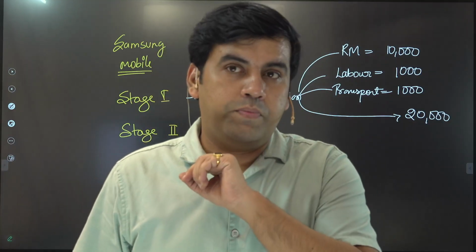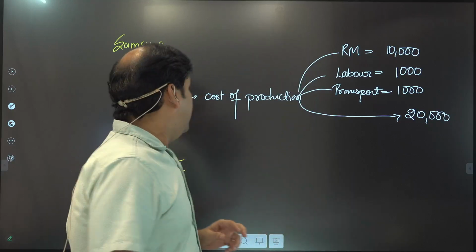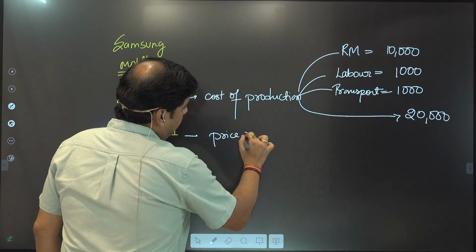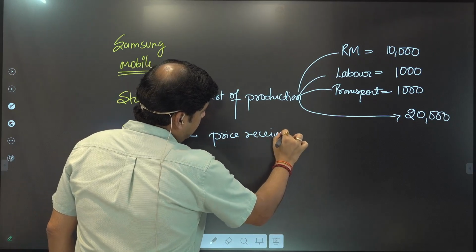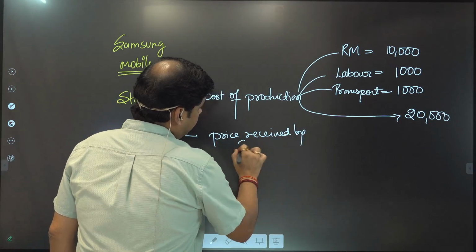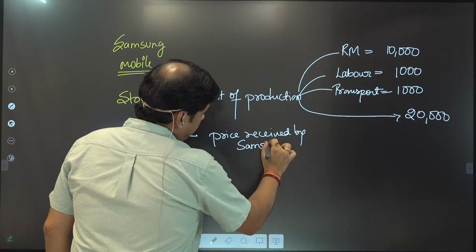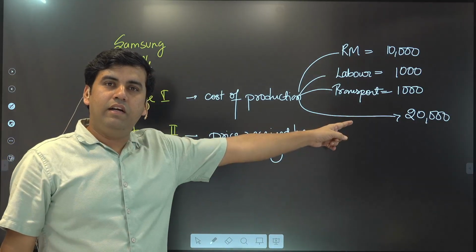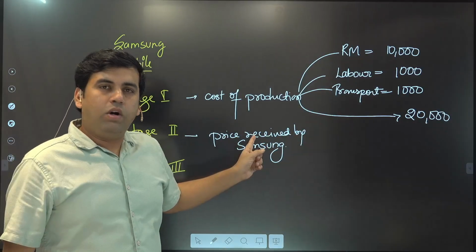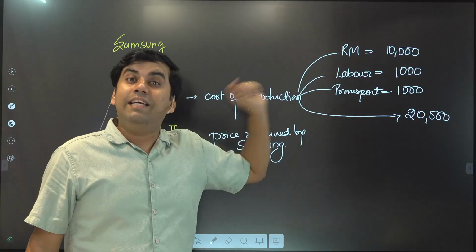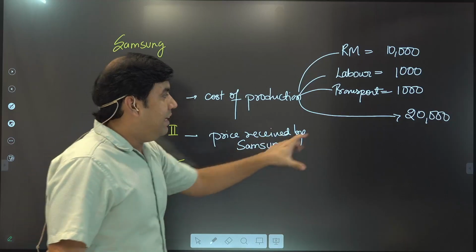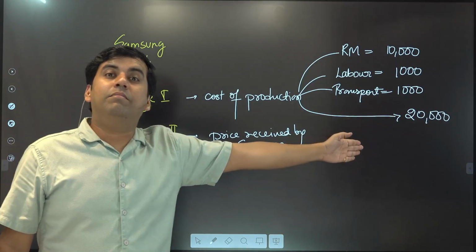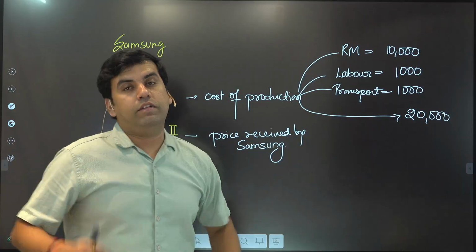No. At the second stage, you will have the price received by Samsung. What is the difference between this and that? Is Samsung not recovering the cost of production? Yes. But guys, here you have forgotten to add something, and that something is margin, the profit of this company.